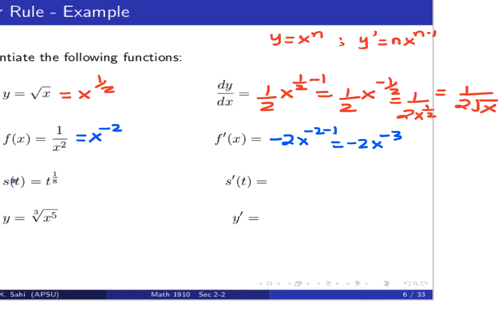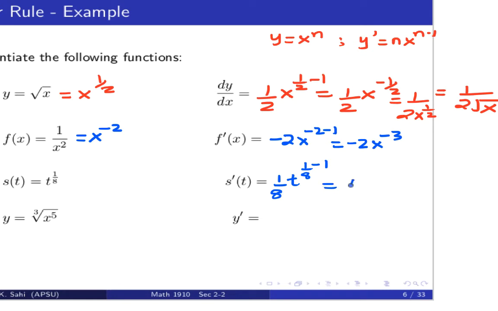Okay, let's look at the next function, s of t, which is t to the power 1/8. Now here, we are having a rational number as a power again. So when we want to apply the power rule, it's again in the proper format. So s prime of t is going to be what? 1/8 t to the power 1/8 minus 1.